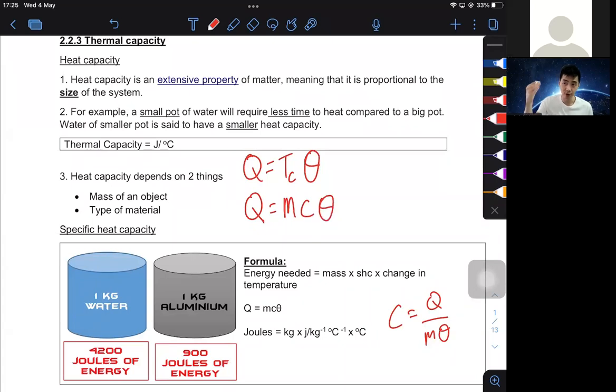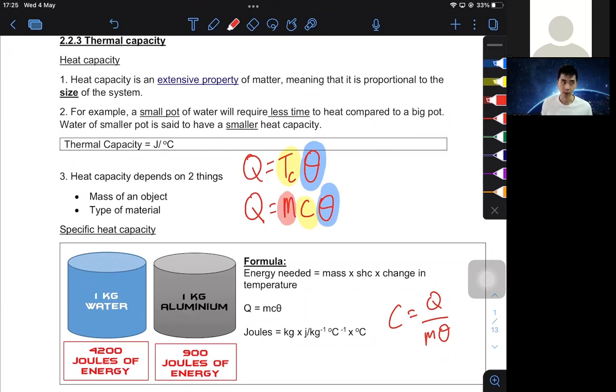The main difference between thermal capacity and specific heat capacity is that one has mass and one doesn't have mass. So you can see here that this and this are somewhat aligned, and this and this are also somewhat aligned. The only thing that is missing is this part here, right?